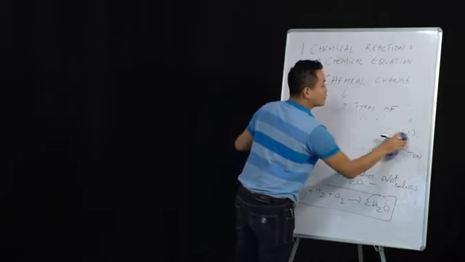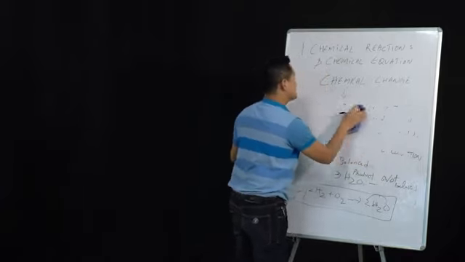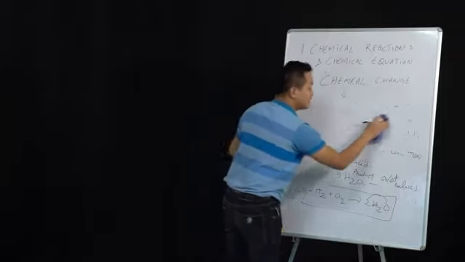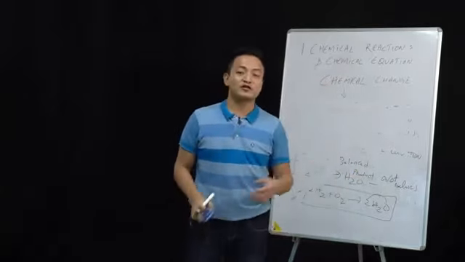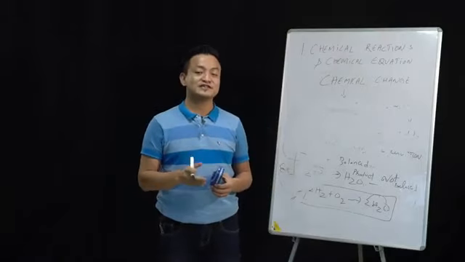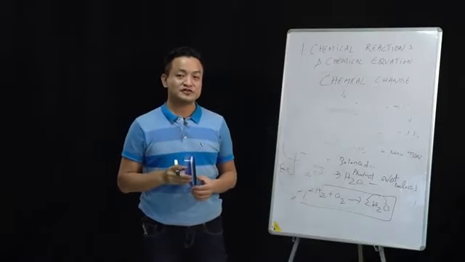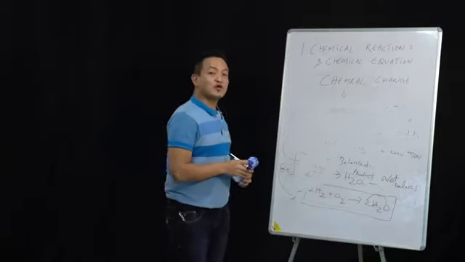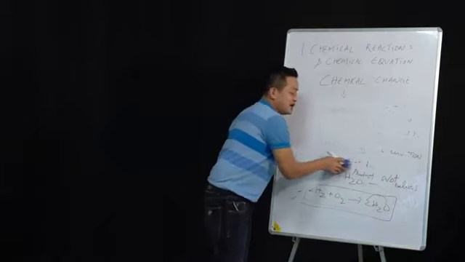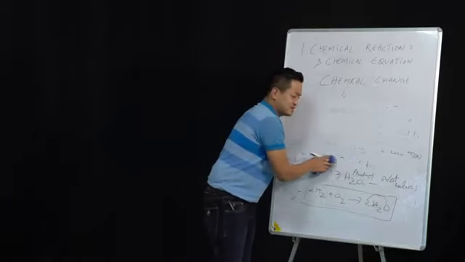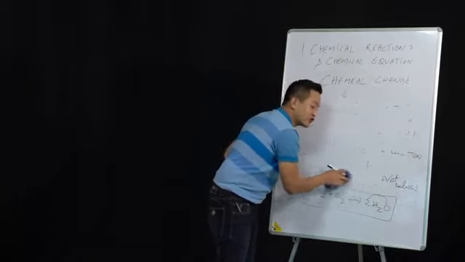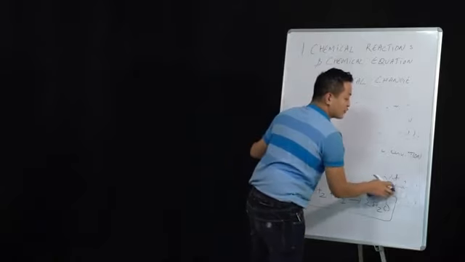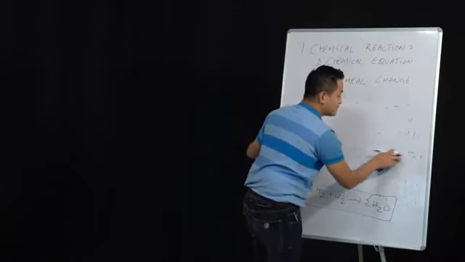Let's remember what we learned in class 9 physics, the law of conservation of mass. It says that mass is neither created nor destroyed, but it can be transformed from one form to another.